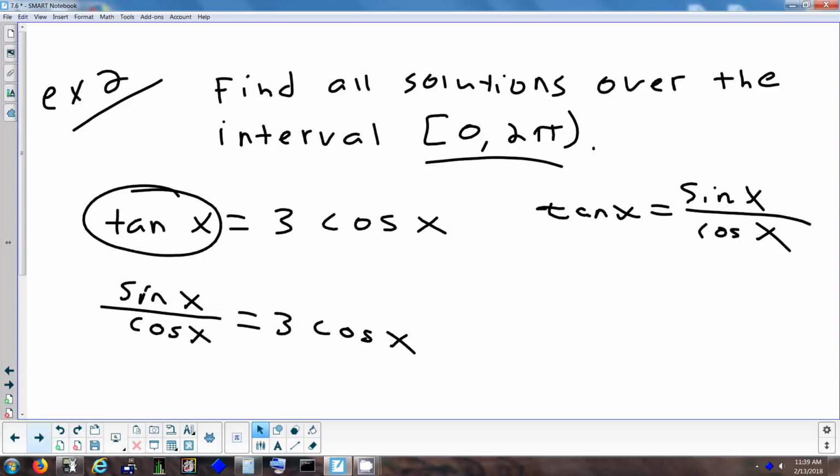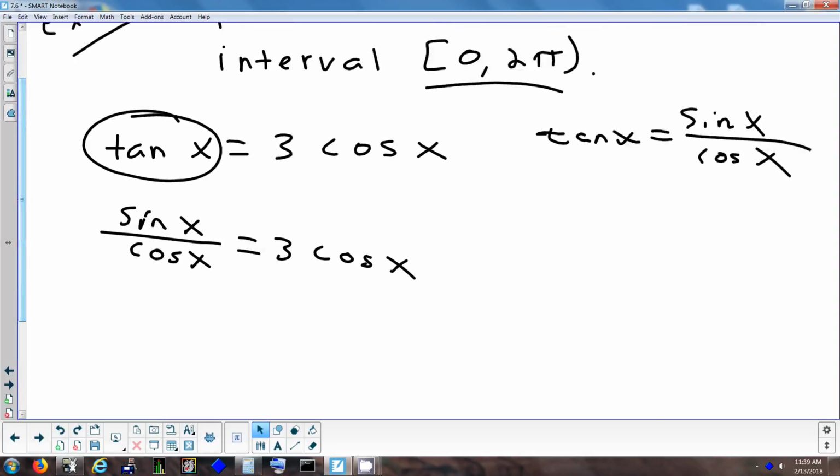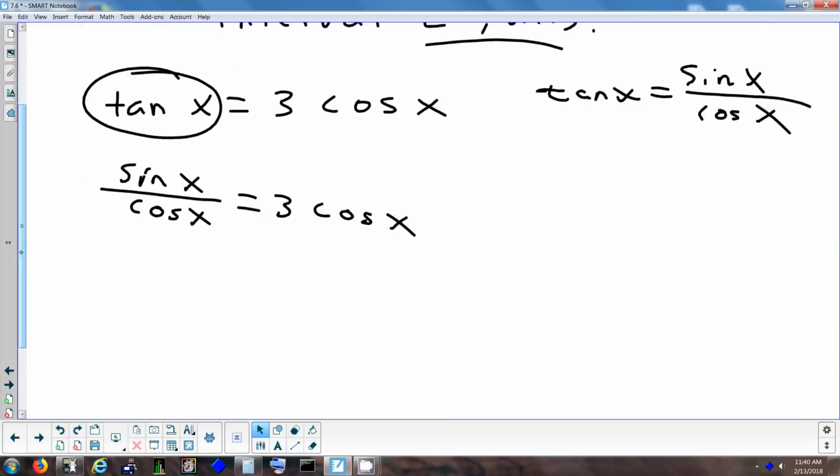So at least we're one step closer to the kind of problems we had before. We got rid of tangent. Now, how can I move cosine to the other side so I don't have a fraction on the left? Yeah, multiply by cosine.